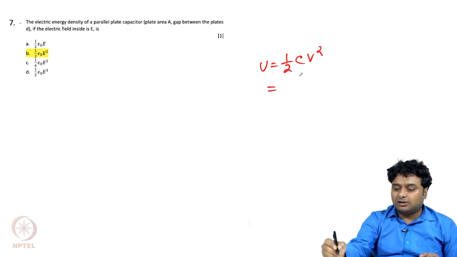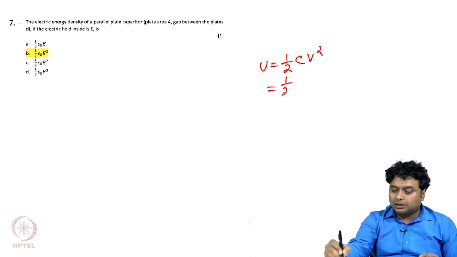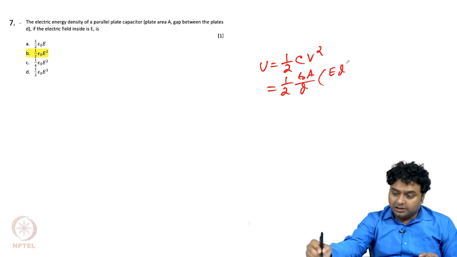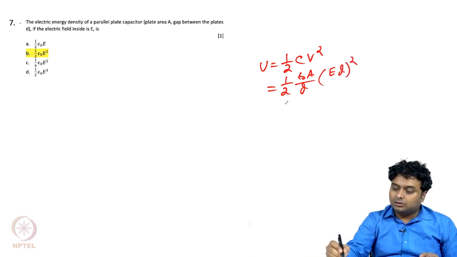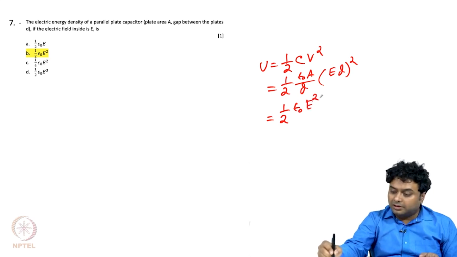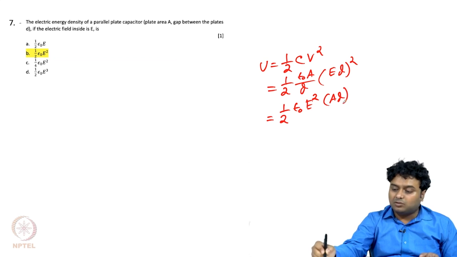Now C equals epsilon naught A by D, and V equals, as I wrote earlier, E into D. So we can write it as half into epsilon naught E square into A into D. Now A into D is the volume of the capacitor.